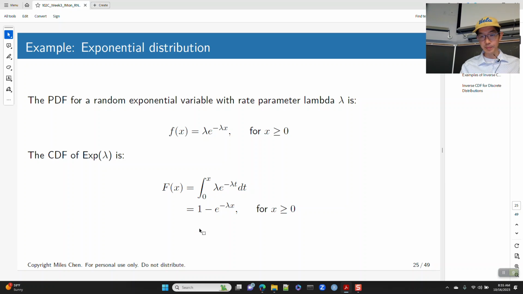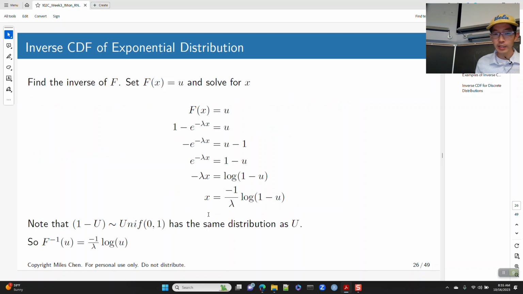So this is what we have here, and then we're going to solve for x. We say the CDF is equal to u, so 1 minus e to the negative lambda x is set equal to u.